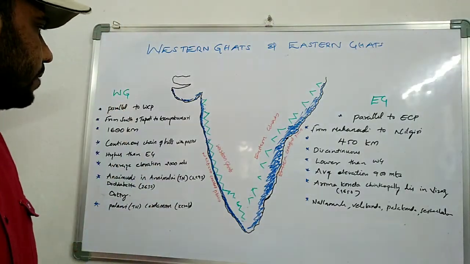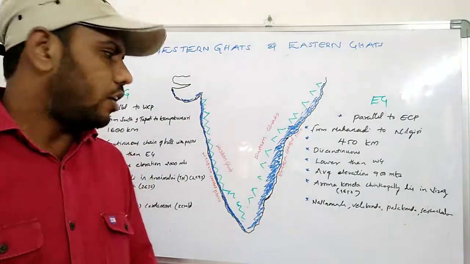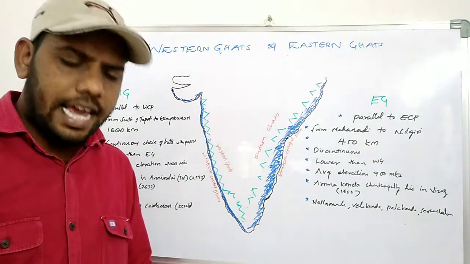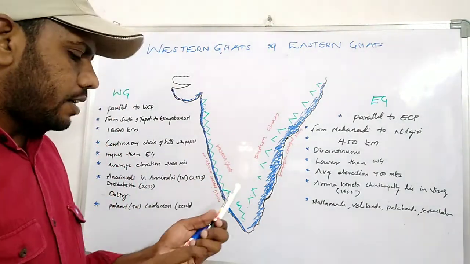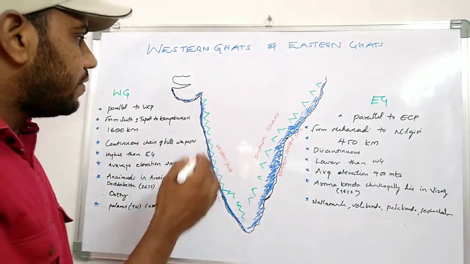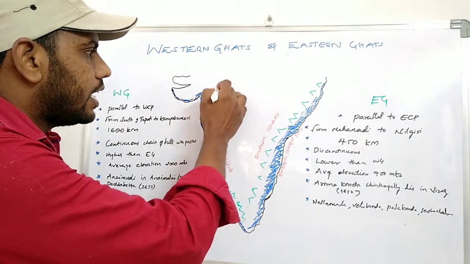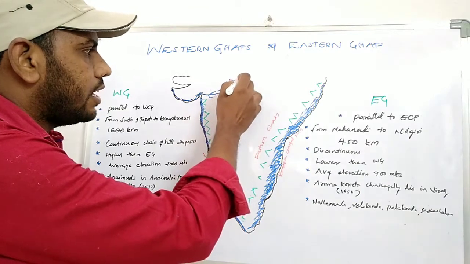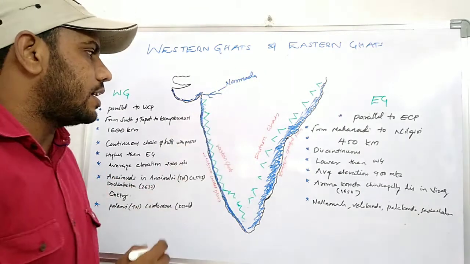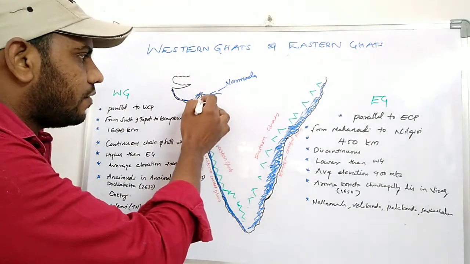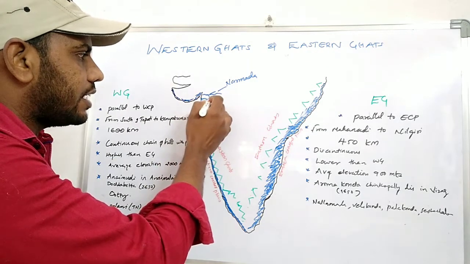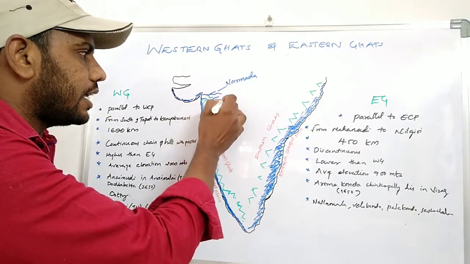The next point: the Western Ghats extend from south of the river Tapti. Already we know this is the river Narmada, which we completed in an earlier topic, and south of the river Narmada there is another river, Tapti.